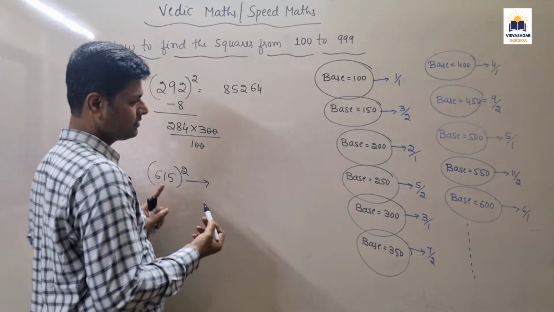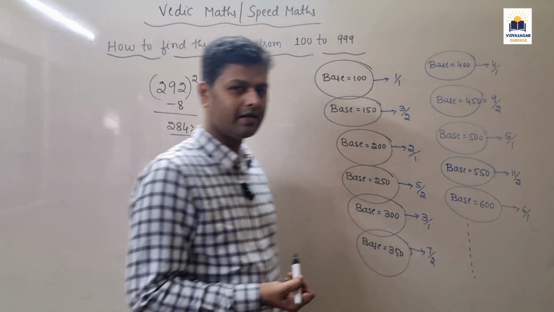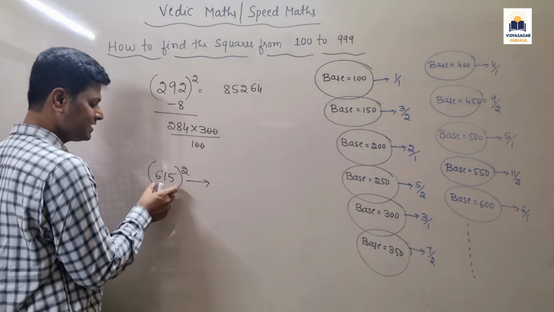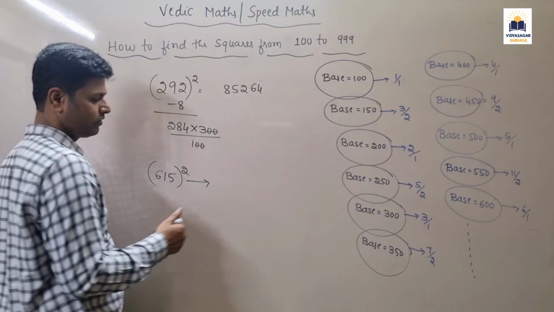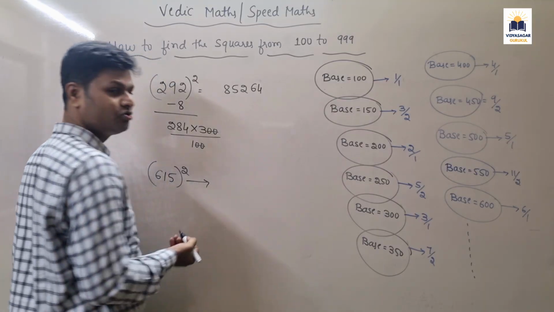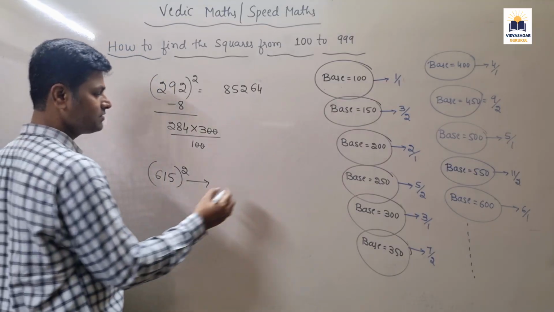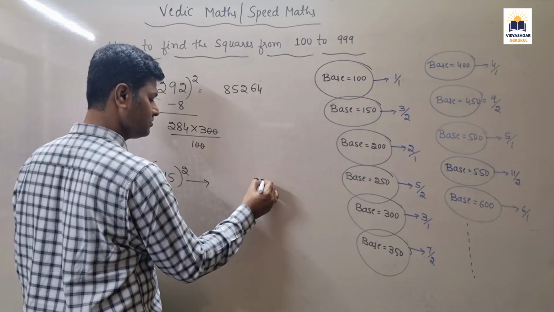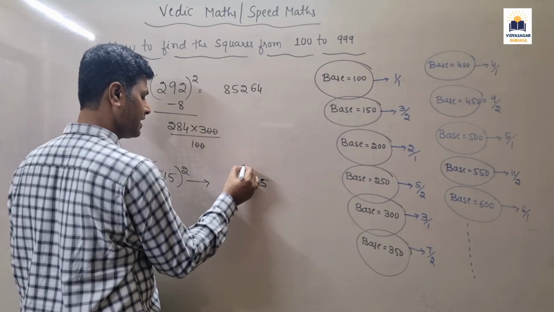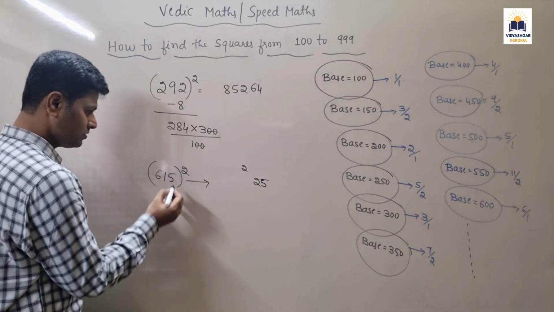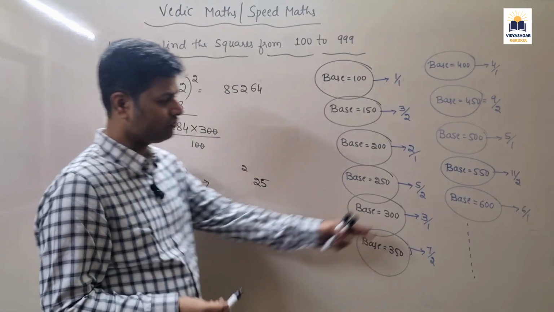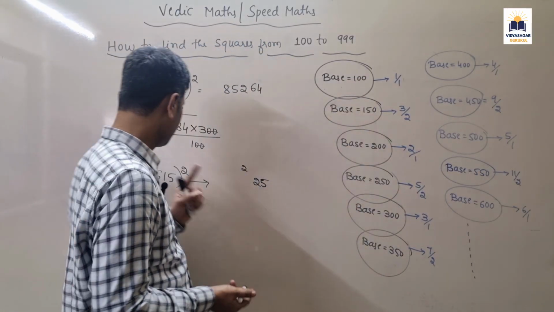So the nearest base is what? 600, and compared to 600, 615 is 15 more, and 15 square is 225. But our condition is always the last 2 digits, 225, so the carry will be how much? 2.